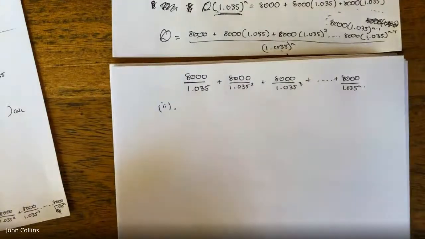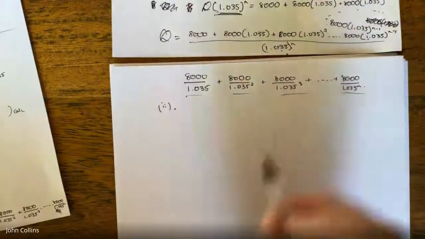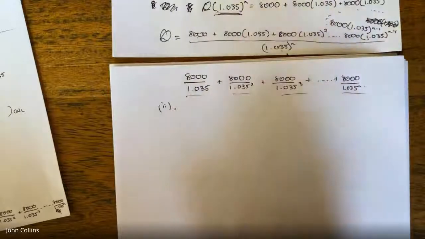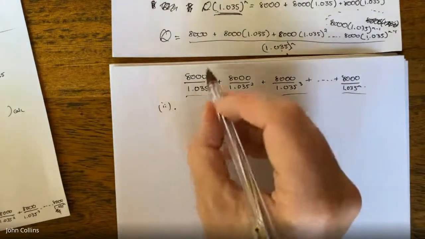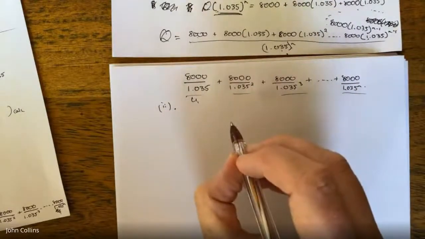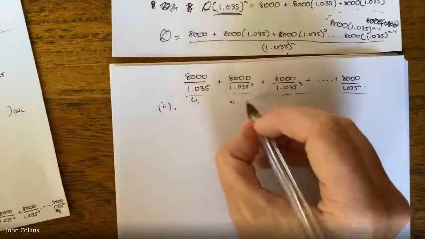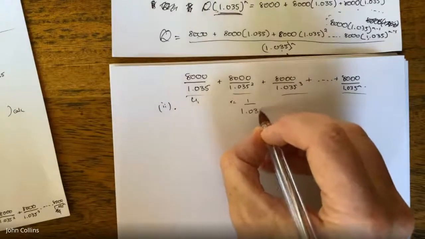So as soon as you talk about indefinite, it's sum to infinity, I suppose. Yes. And you could have done this part without showing this part. So the hence that, you know, this is U1. We know that the ratio then is 1 over 1.035.